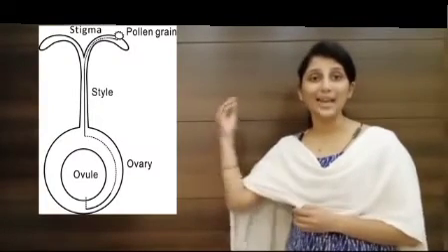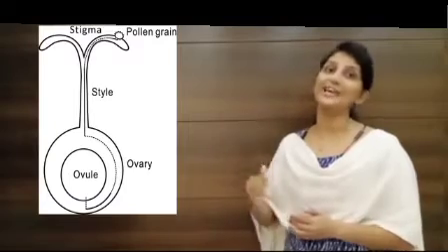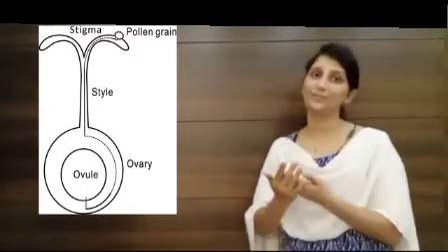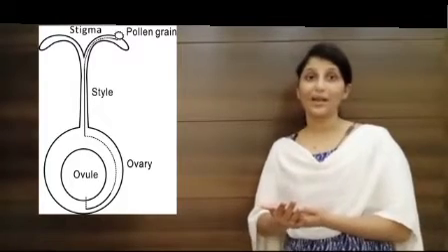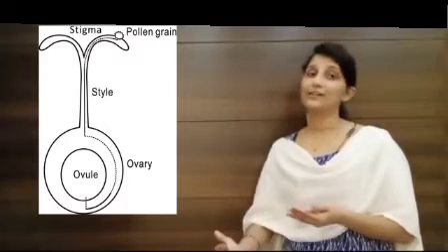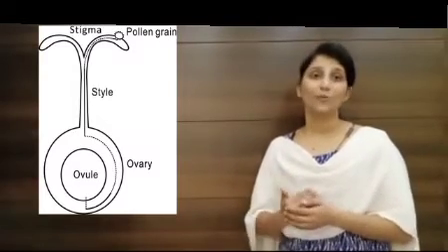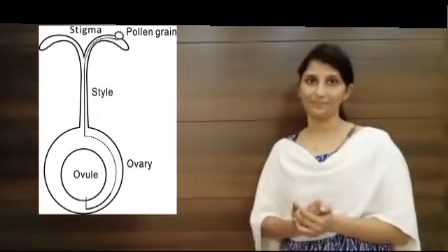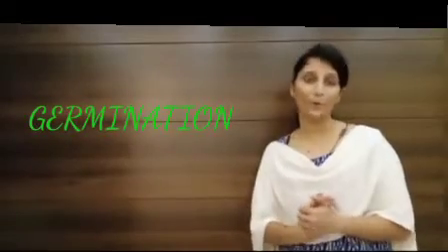As a result of pollination, the pollen grains land on the surface of the stigma. So the stigma is the platform which receives the pollen grains. This pollen grain has the male gamete which has to reach the female gamete present inside the ovule, which is at the base of the pistil. For this, there is a process called germination of the pollen.